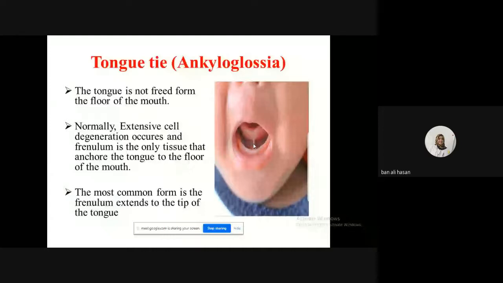Okay, and these tissues undergo a degeneration process. Okay, but just a part of this tissue that we call frenulum tissue will stay to anchor or connect the tongue to the floor of the mouth.